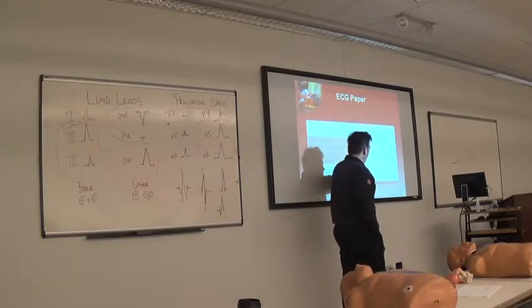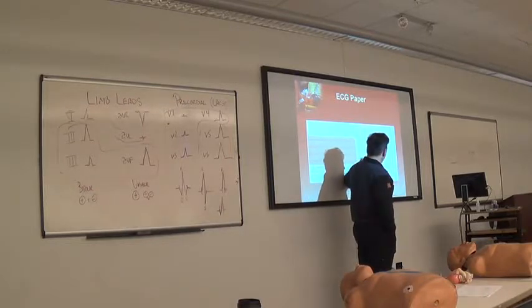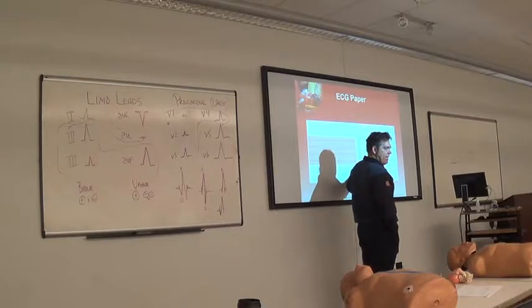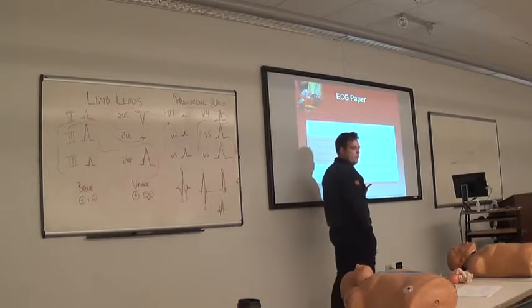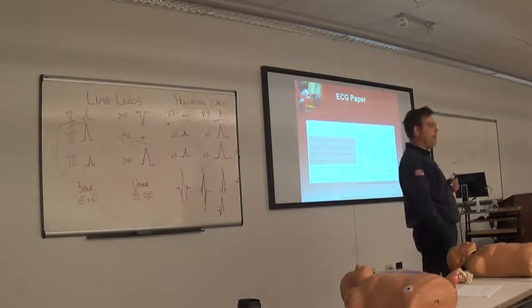In the grid paper, you've got big boxes and little boxes. Here is a big box that's magnified. And inside the big box, how many little boxes do I have? I have 5 little boxes that make up one big box.